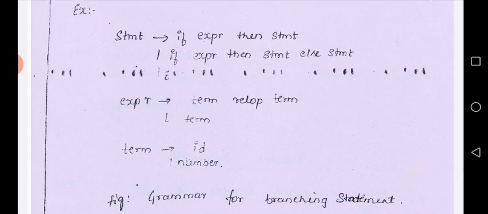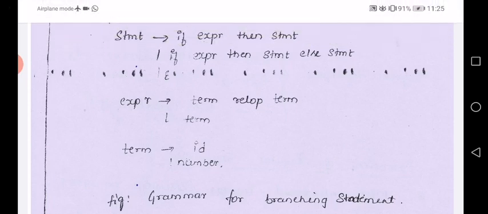Now see here, in this example we are using some regular definitions: statement, expression, term. These are the three different examples. We use stmt for statement, expr for expression, and term for terms, as shorthands.